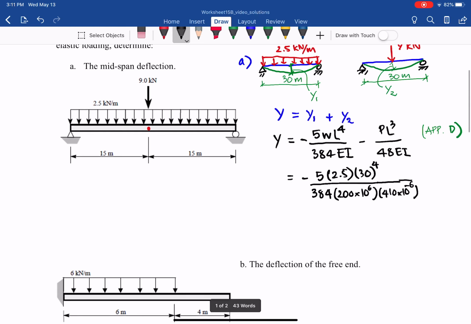And then we have another component, P, which is 9 kilonewton.